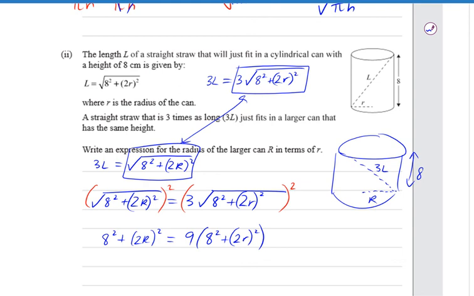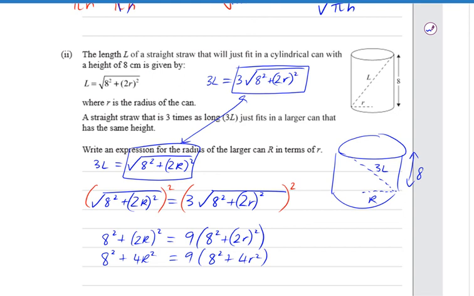Okay, I think here we'll just perhaps look at expanding some brackets. So we've got 8 squared plus, so 2 squared is 4, and then we've got capital R squared. Here we've got 9 times 8 squared plus, and then we've got 2 squared, which is 4, r squared.